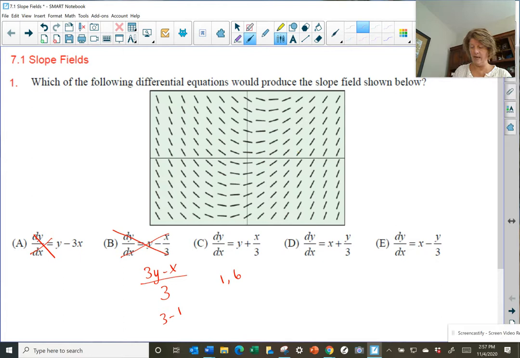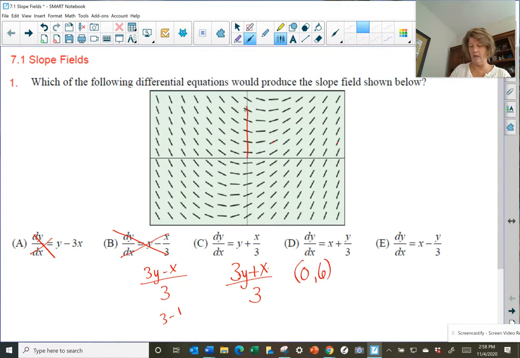Moving to answer C, that would convert to 3y plus x over 3. If I used 1, 1, that would be a positive slope. If I used 1, 6, that's a positive slope. Let's go at 0 for x and 6 for y.